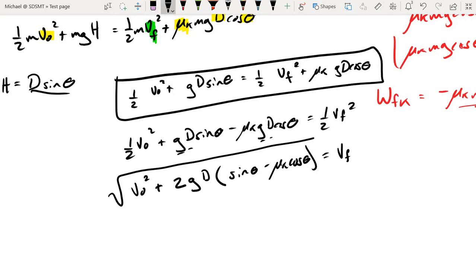So what happens if we go through all of this and we end up with a negative sign underneath our root? Well, that means we did our work wrong by making that assumption. But who knows, we might get lucky with this, and we may actually have the mass make it all the way down to the bottom.